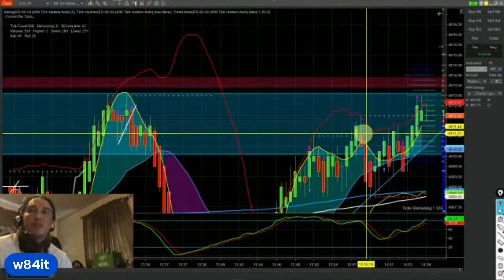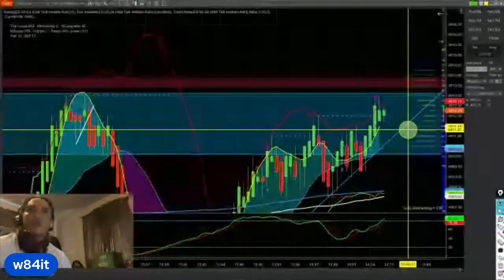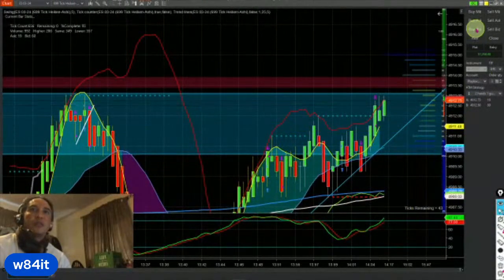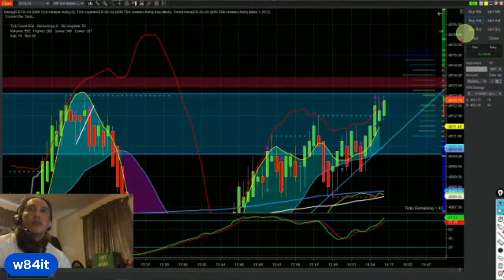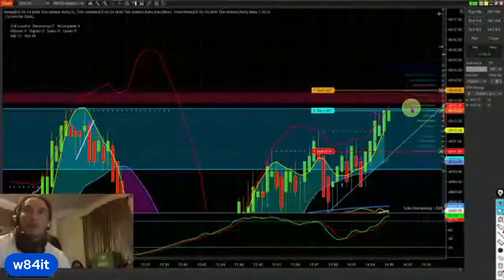I'm missing this move. It's garbage. I think it's because it moved to half the distance. I'm going to get back in right here as it breaks this zone.